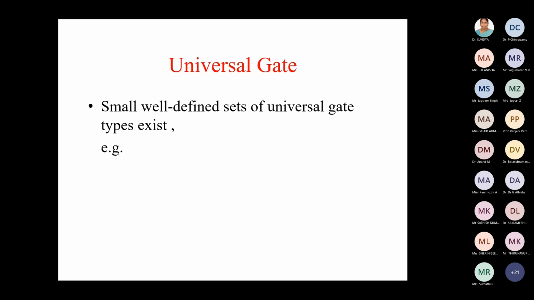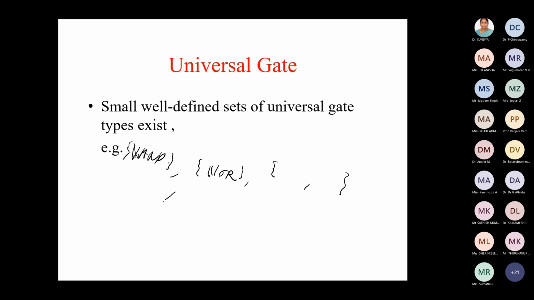So as you told that NAND is a universal gate, can you suggest any other universal gate? NOR gate. Okay. Any other? Can a set of gates such as XOR be termed a universal gate?